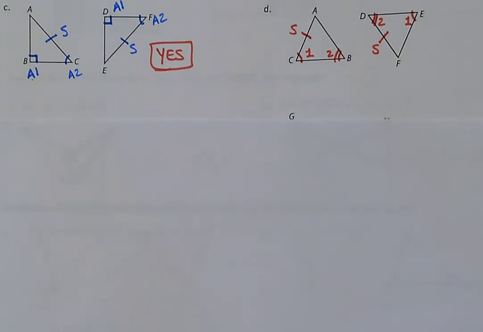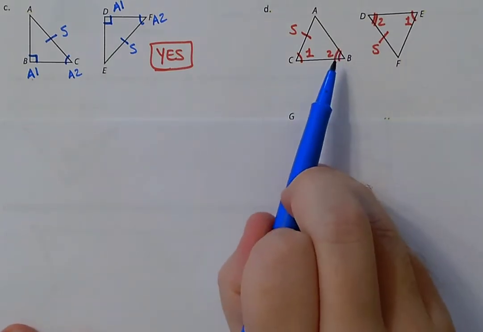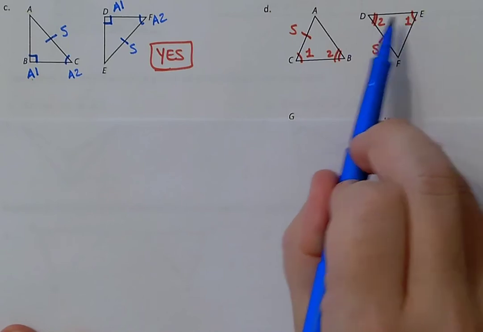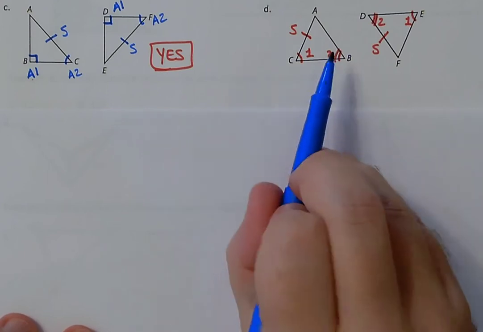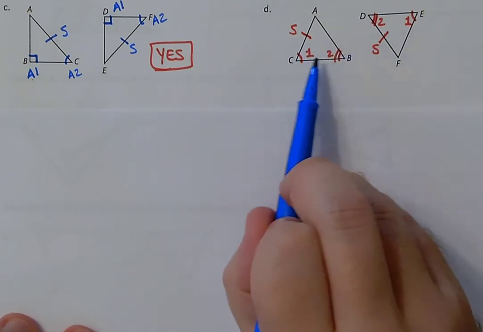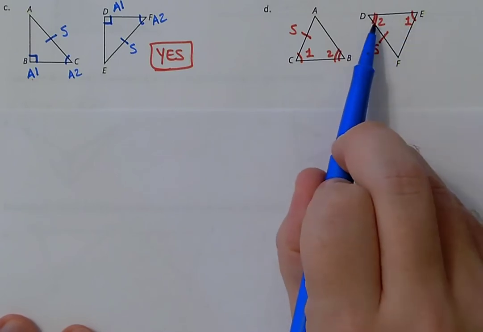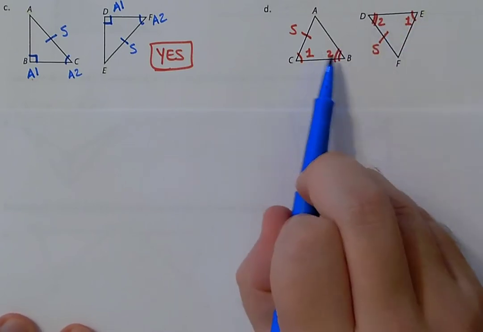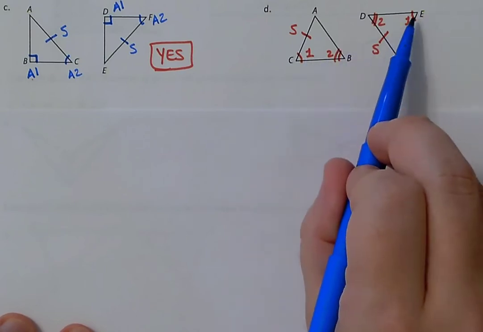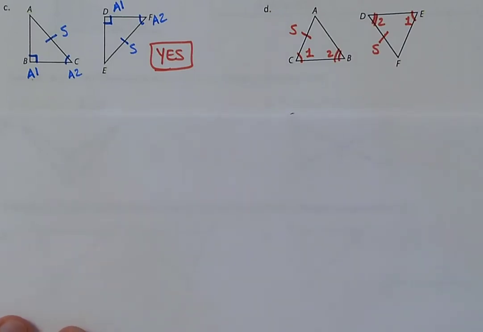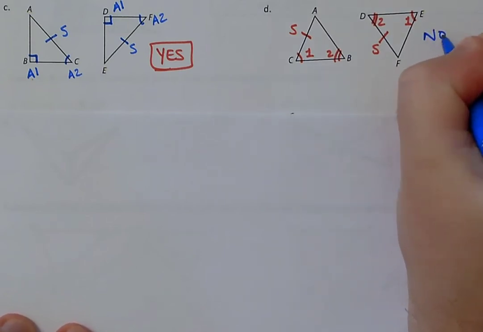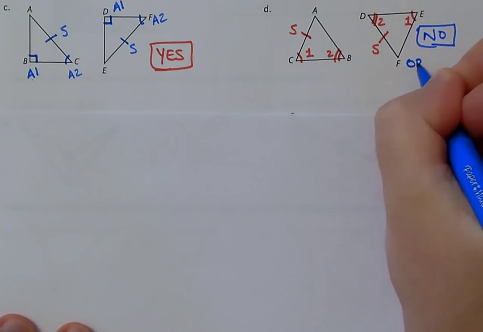We just have to make sure the order matches. If you caught it, this one went 2, then 1. This one goes 1, then 2. Because the order is reversed, where this one goes 2, then 1, and this one goes 1, then 2, then side, we cannot say that these two triangles are congruent based off angle, angle, side. So they're not congruent, so my answer is no, because the order does not match.